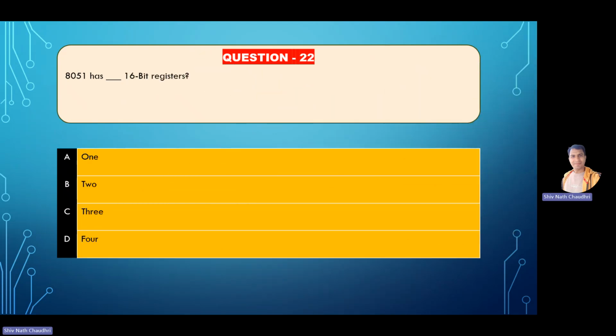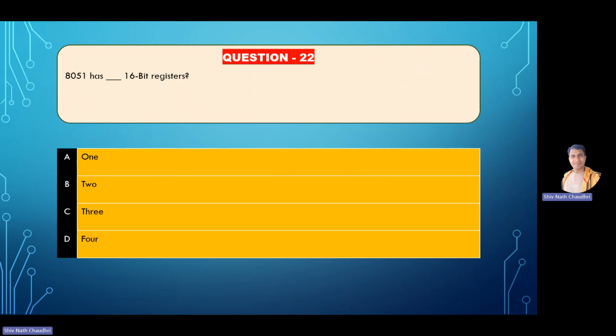The next question is about 8051 having a 16-bit register. Okay, so 8051 is an 8-bit microcontroller. So not all registers are defined for 16-bit, but in 8051 we have two 16-bit registers.